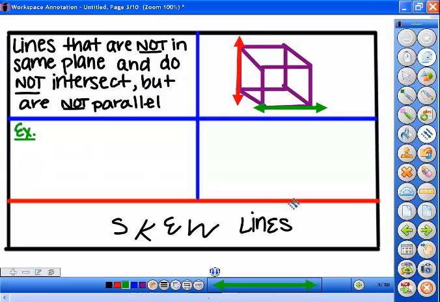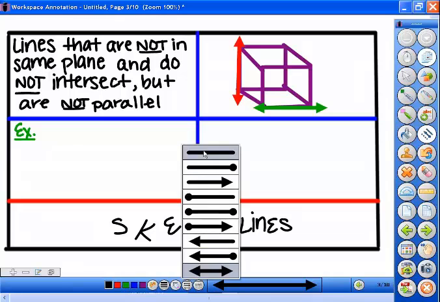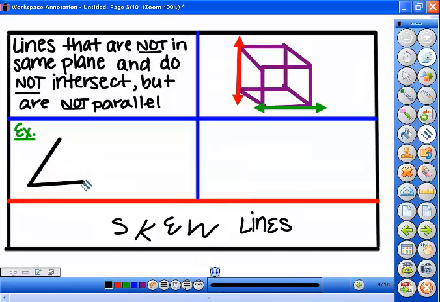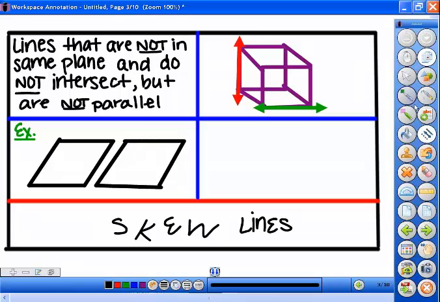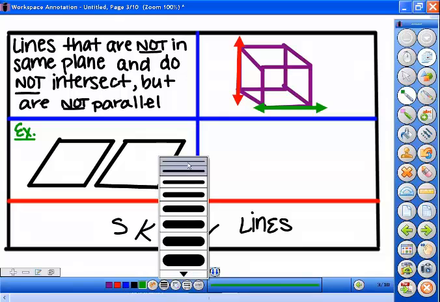For an example, if you wanted to depict it another way, we talked about representing planes with parallelograms. So you could draw 2 different parallelograms to represent 2 different planes. Now we name planes, if you would remember, with a capital cursive letter.